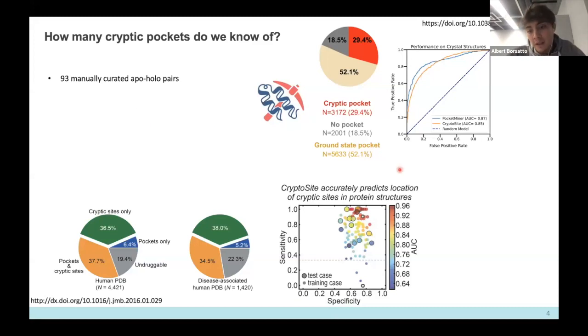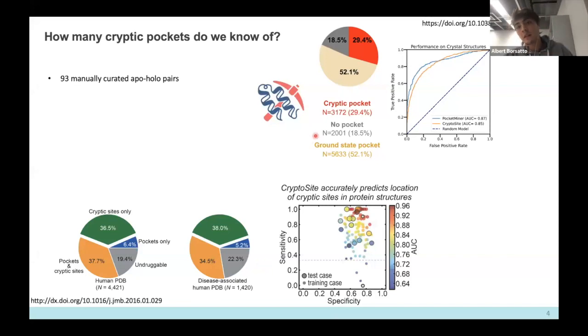The Sali group developed CryptoSite in 2016, and it is fairly accurate in locating cryptic sites on protein targets. Based on the estimate, at least 30% of disease-associated human proteins should harbor cryptic pockets.